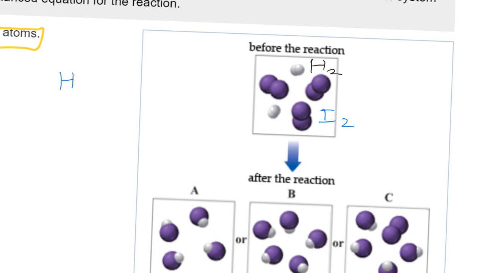So your reactants are going to be hydrogen, and we know they're in the gaseous phase because the molecules aren't associated with each other, right? There's space between them. So we've got hydrogen and iodine gas as our reactants. What's going to be our product?